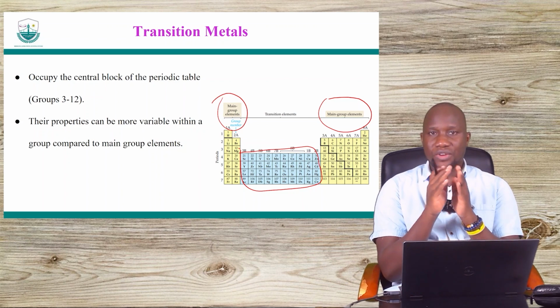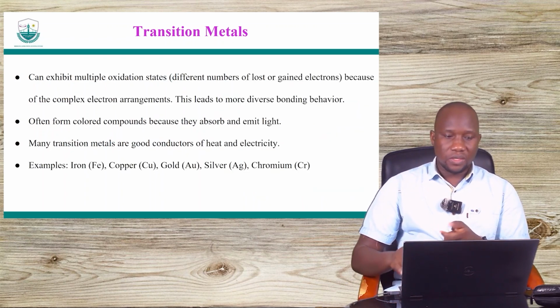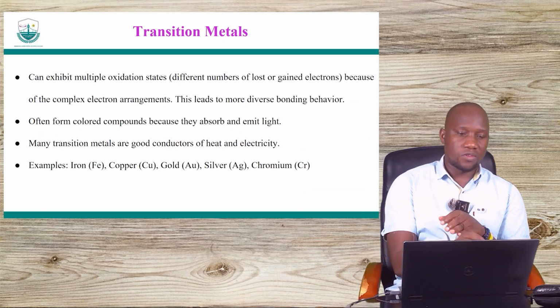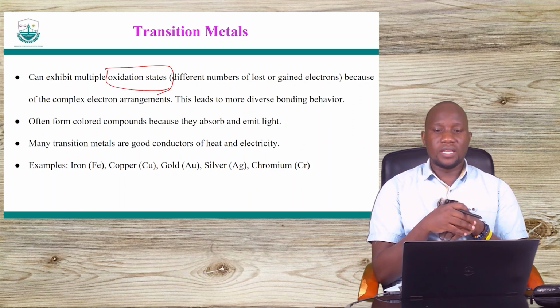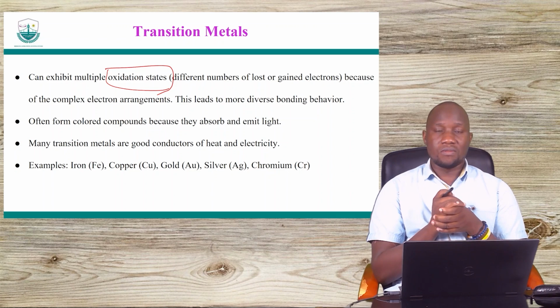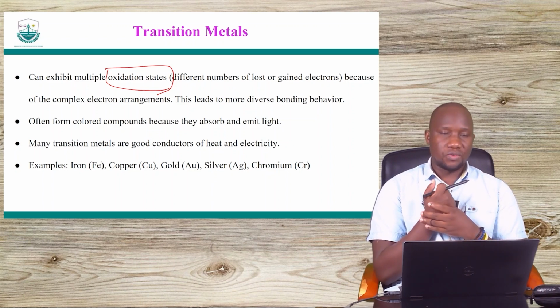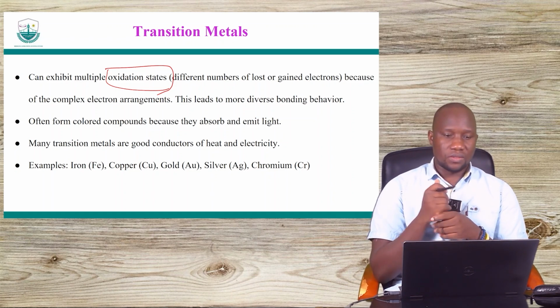So you cannot really predict their characteristics because one of the reasons is that they have variable oxidation states. Okay, they can lose or gain different number of electrons. So it's not very easy to really predict the nature of their reactions.